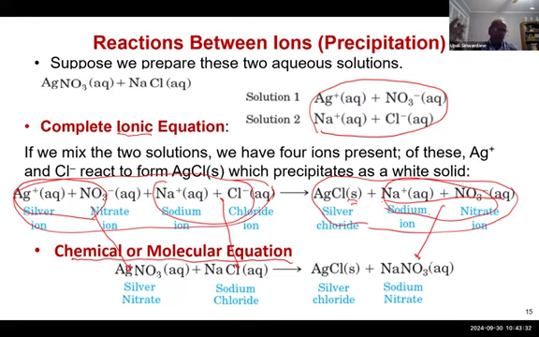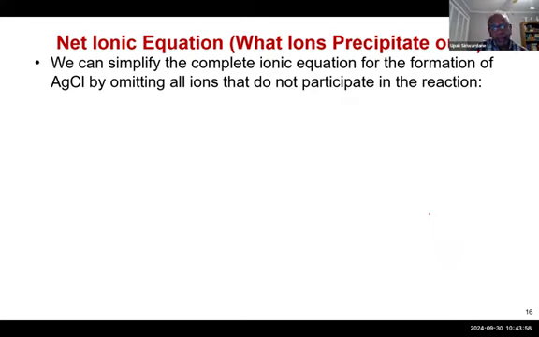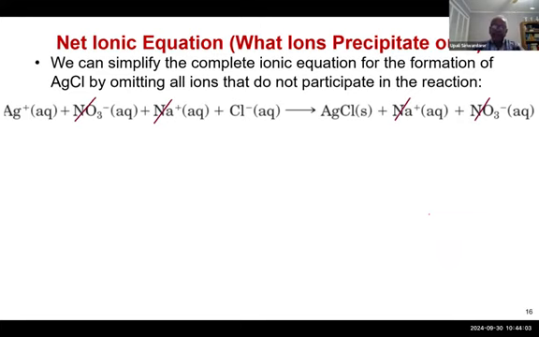There are two ways to show the ionic precipitation reaction. Complete ionic equation is the first one. The second one is without charges. Another equation is the net ionic equation.